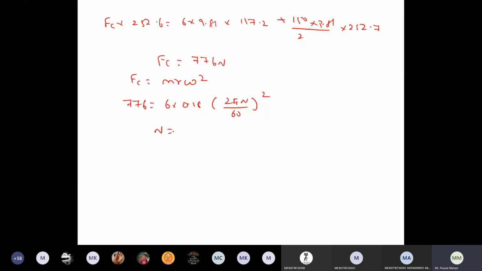From this get the n value. That gives the equilibrium speed. That's all.